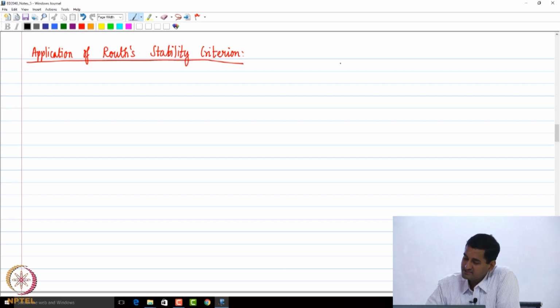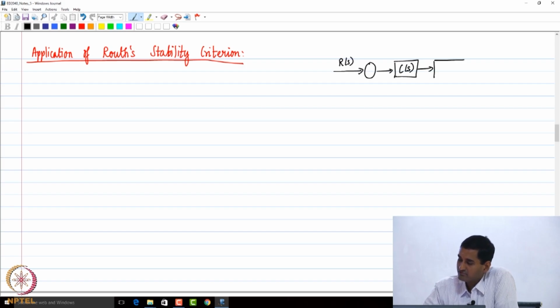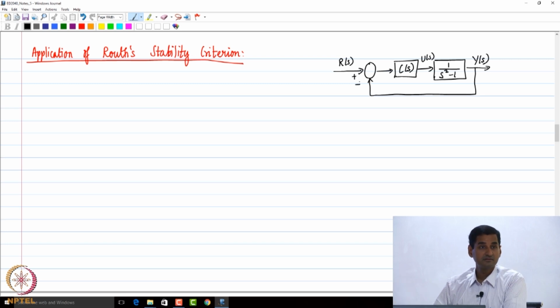Let's say I want you to design a negative feedback control system for a plant which has a transfer function like this, 1 by s squared minus 1. Let's say we consider unity negative feedback.